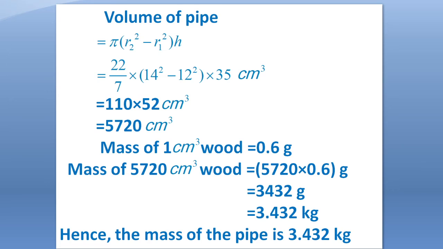Now see here, volume of pipe. So volume of pipe is equal to pi into bracket r2 square minus r1 square into h, which is equal to 22 by 7 into 14 square minus 12 square into 35 centimeter cube.